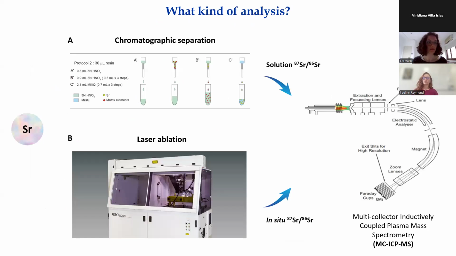So how do we work in the lab? Strontium can be separated through chromatographic separation in a clean room, for example. In this way we work in solution mode, meaning that the enamel chunks need to be separated from the matrix.